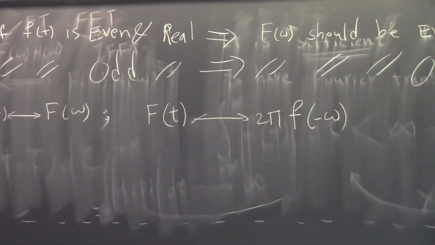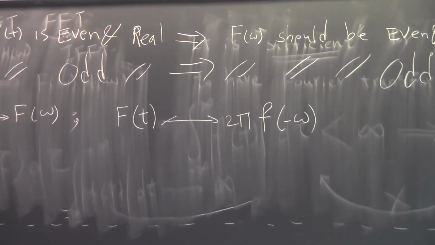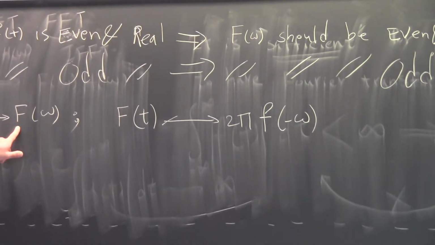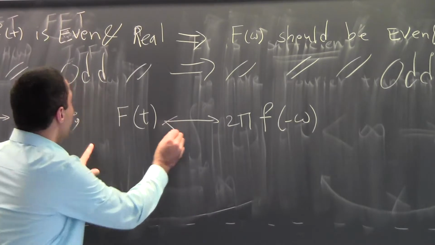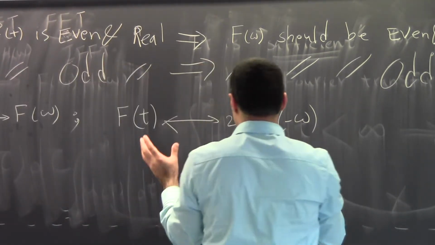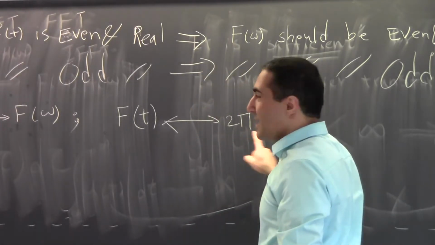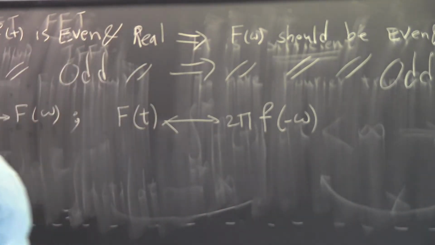This property is an important one, but make sure you know what's happening here. I take this F and replace omega with t, then I can say this F in the time domain has a transform, which is my f in the omega domain.